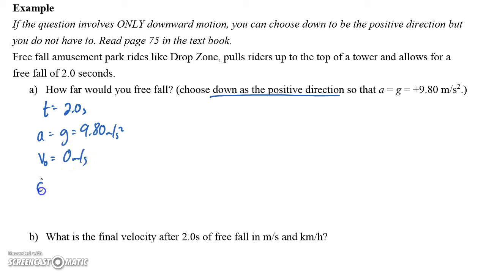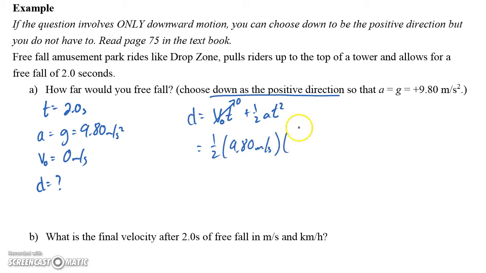And we're looking for how far would we fall. Again, our most used equation, V naught T plus 1/2 AT squared. V naught is 0, so this part goes to 0, so we just have 1/2 times 9.80 meters per second squared times 2.0 seconds squared, which you plug into your calculator, it'll give you 19.6 meters.